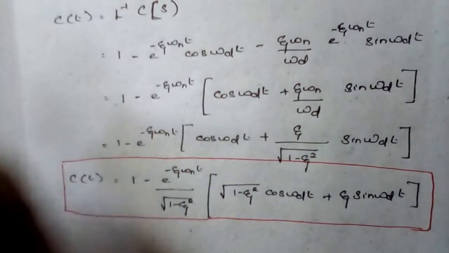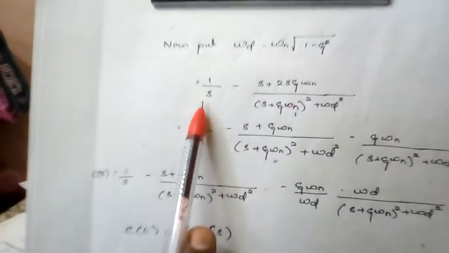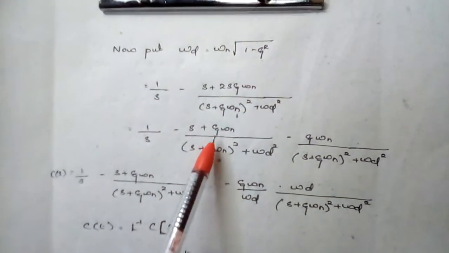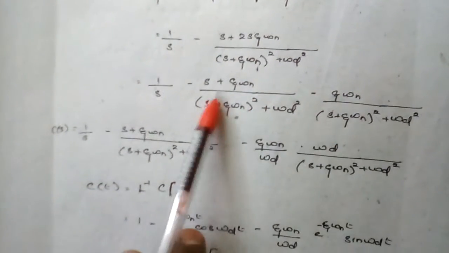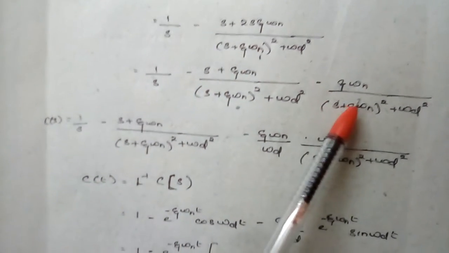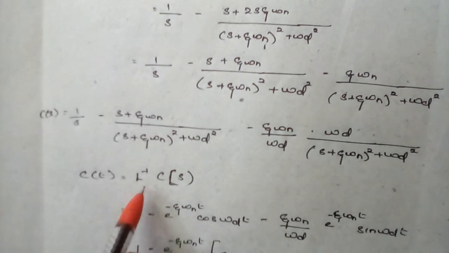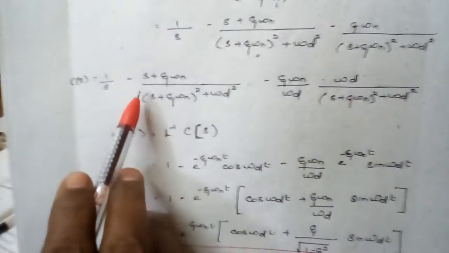This is obtained by the separation of these two terms. That means I am finally getting this expression, and instead of 2 zeta omega n, I am considering minus zeta omega n. Once again I take the partial fraction and tend the expression towards the inverse Laplace transform. While taking the inverse Laplace transform for 1/s, I get 1.